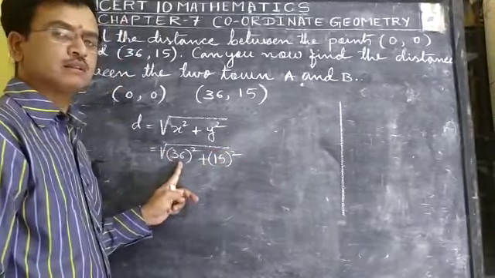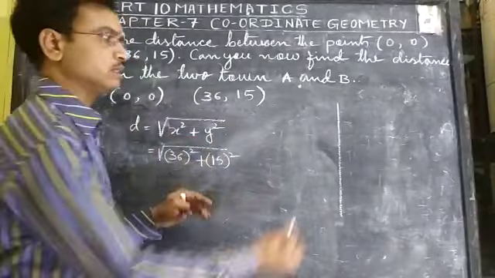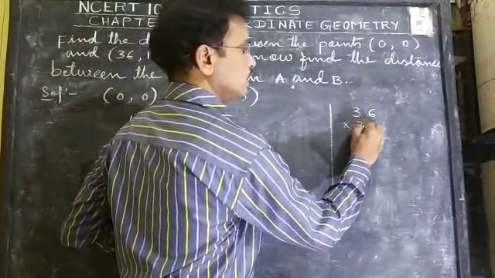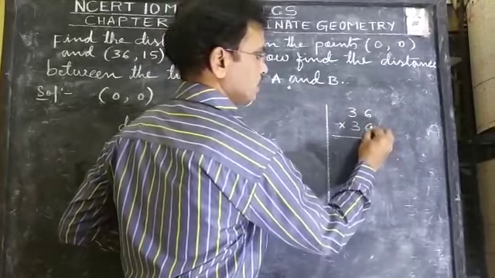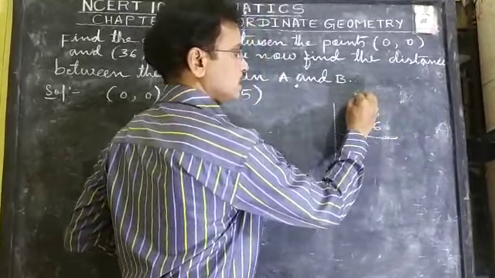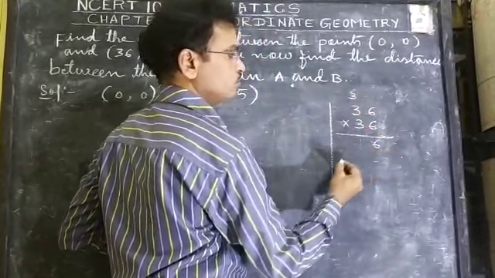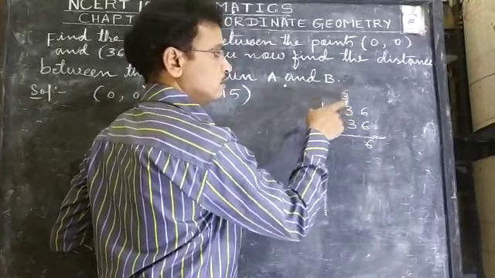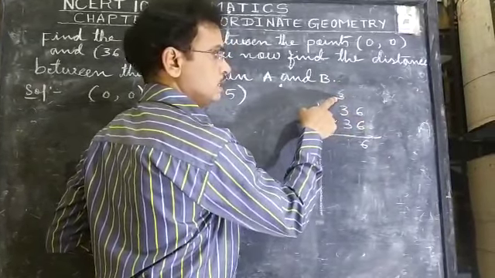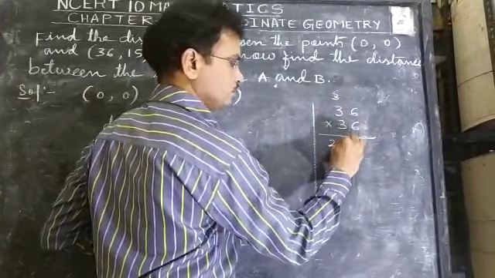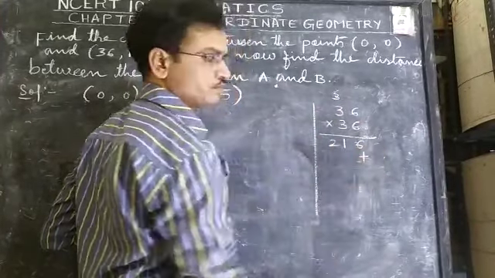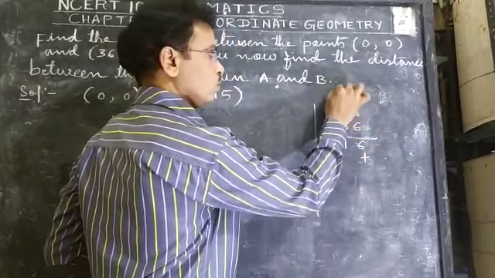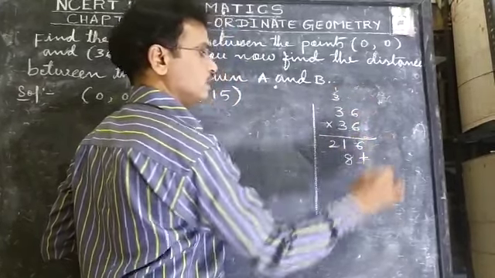Then multiply 36 into 36 in the column. 6 6s are 36, 3 carry and 6 here. 6 3s are 18 plus 3, 21. Then 3 6s are 18, here carry 1, then you can take 8 here.